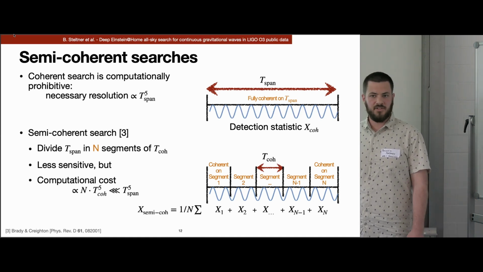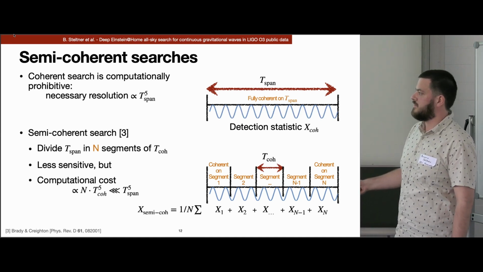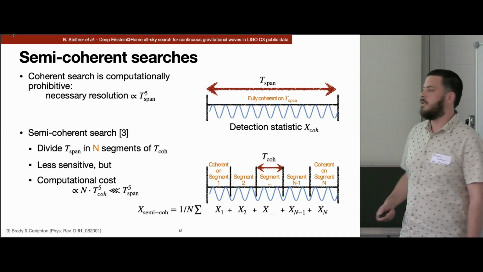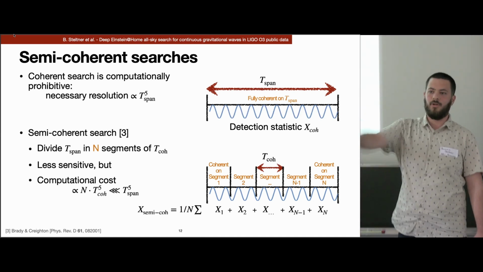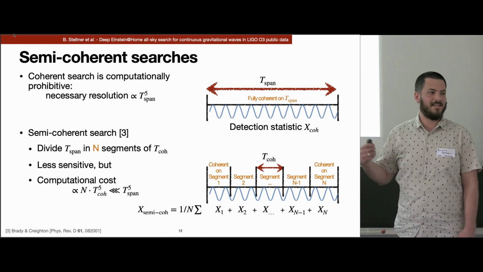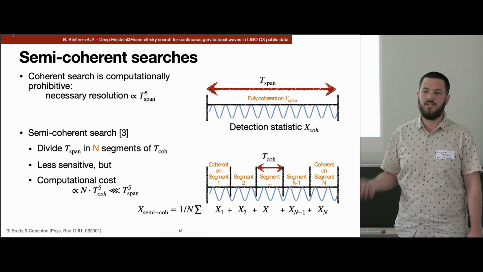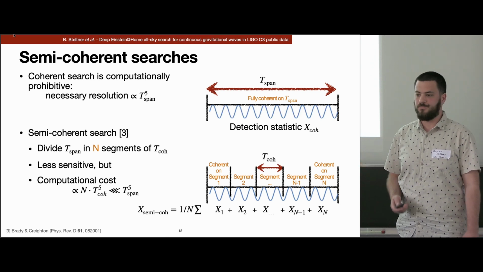This is less sensitive than the coherent search, but the computational cost now is the number of segments times the same power of the smaller T_coh, which is way less than the time span. So this is also important for Jing's talk, so remember this. Semi-coherent searches are less sensitive, but way cheaper, and therefore make continuous wave searches affordable.